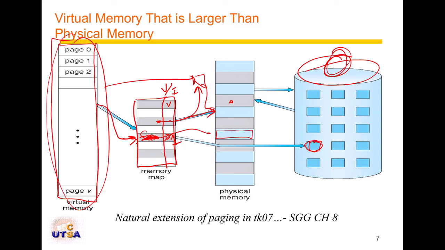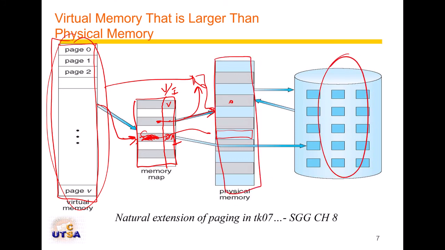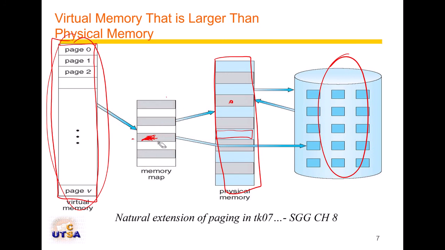Okay, so we will discuss that idea one more time, but that's the whole idea. Everything is available for the program image on the disk. In the physical memory we do not allocate space for every page, but in the page table we have to have an entry for every page, and for some of the pages the control bit will be 1, some of them 0, 1, 0, 1, 1, 0, 1, whatever. The 1 means this page is in the physical memory.